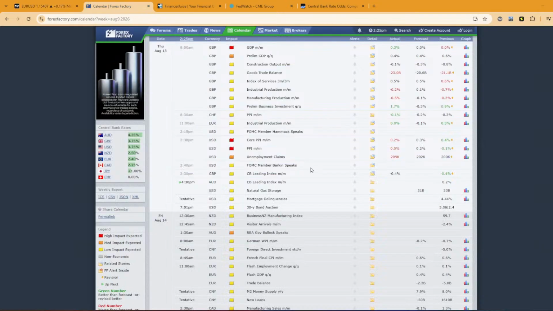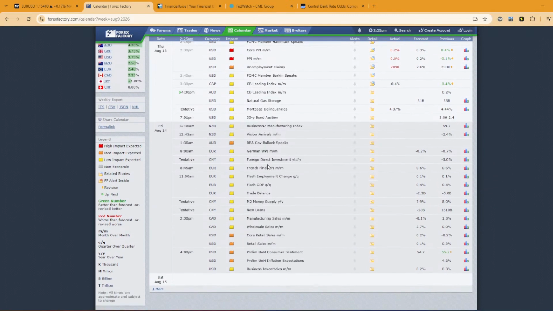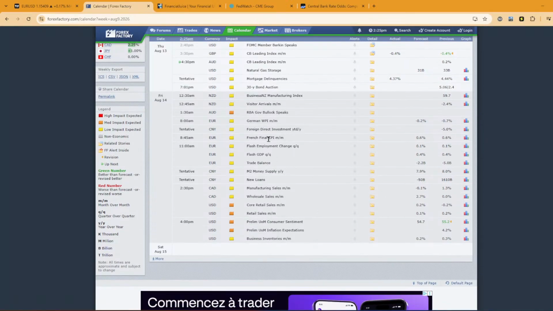And the thing is, I don't see another announcement which could push the Euro USD down. So we don't have an impactful announcement even tomorrow. Tomorrow we have final CPI in French economy. So could this impact the Euro USD trade tomorrow?